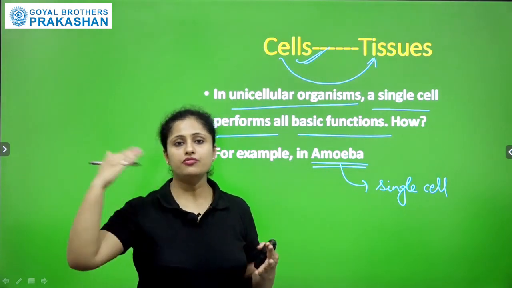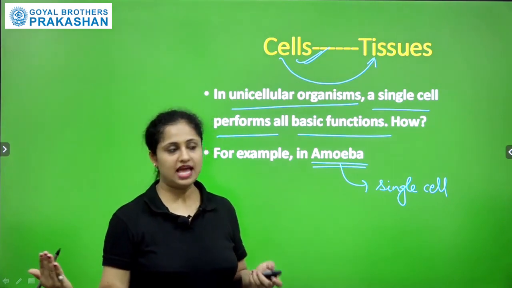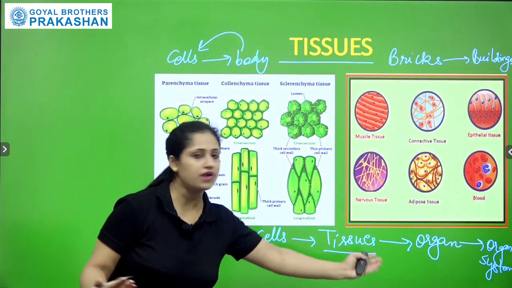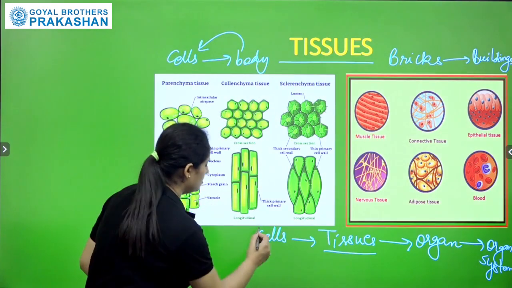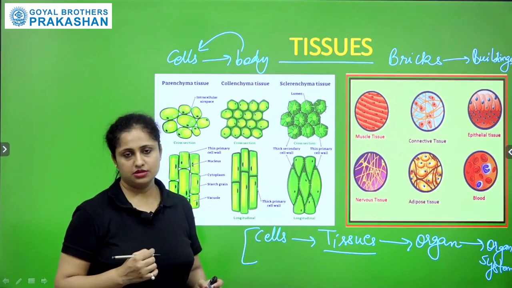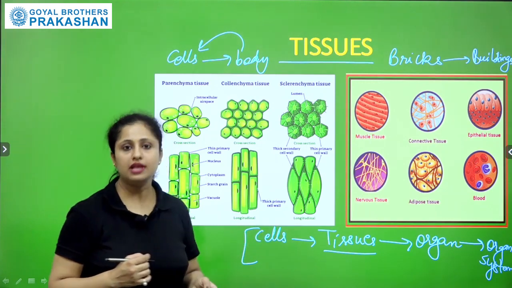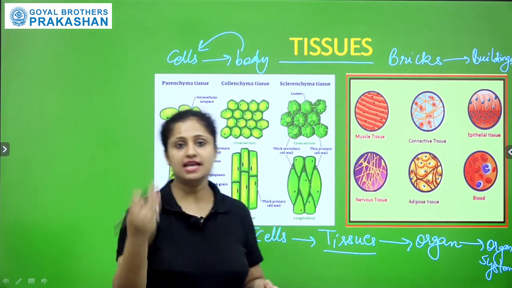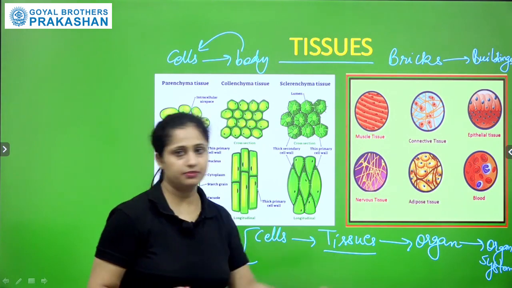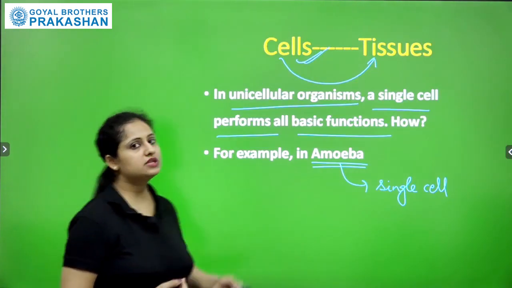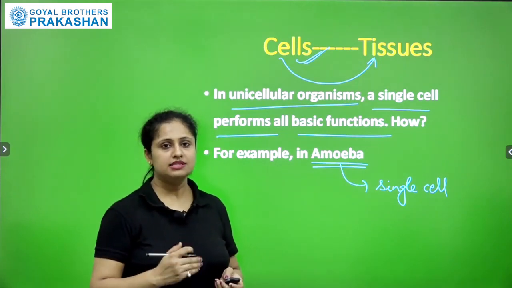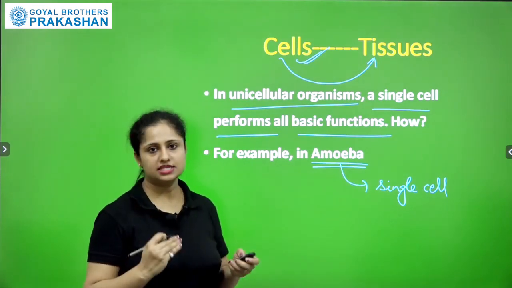So, there is no further hierarchy like we have just seen in the case of our body. Multicellular organisms show division of labor, that is division of cells. There is a hierarchy of the system of organization. But in the case of unicellular organisms, this hierarchy is missing.